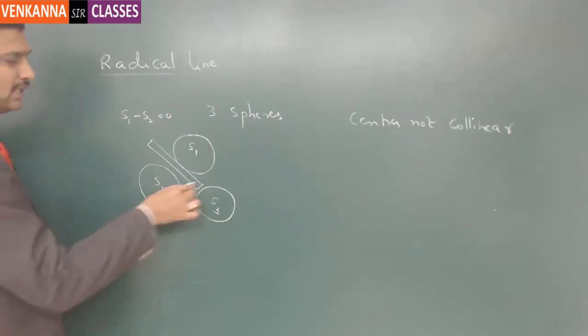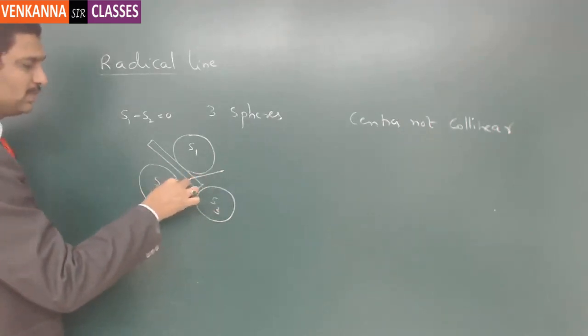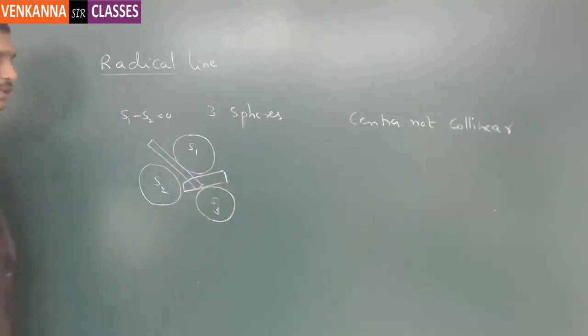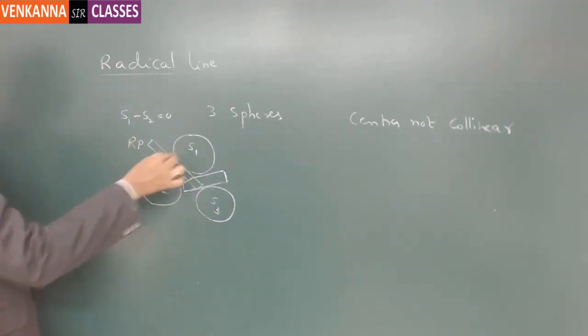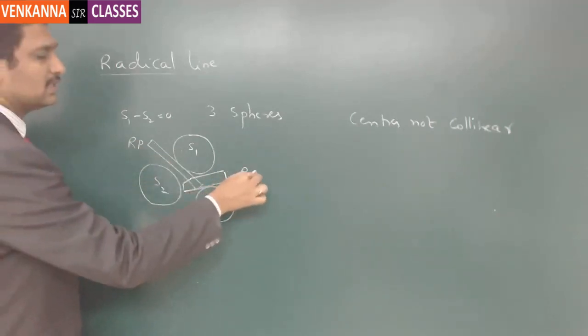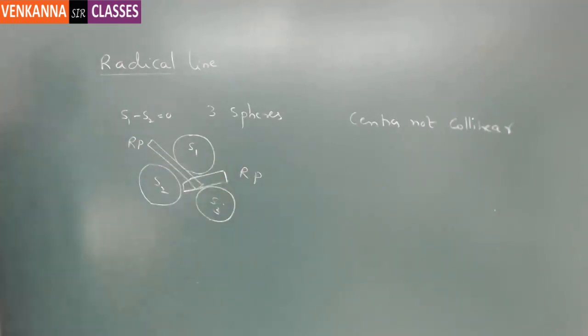So this is the radical plane of the first two spheres, and this is the radical plane of these two. These two will intersect, and here you will get a line, the line of intersection. So the intersection of radical planes gives the radical line to us.